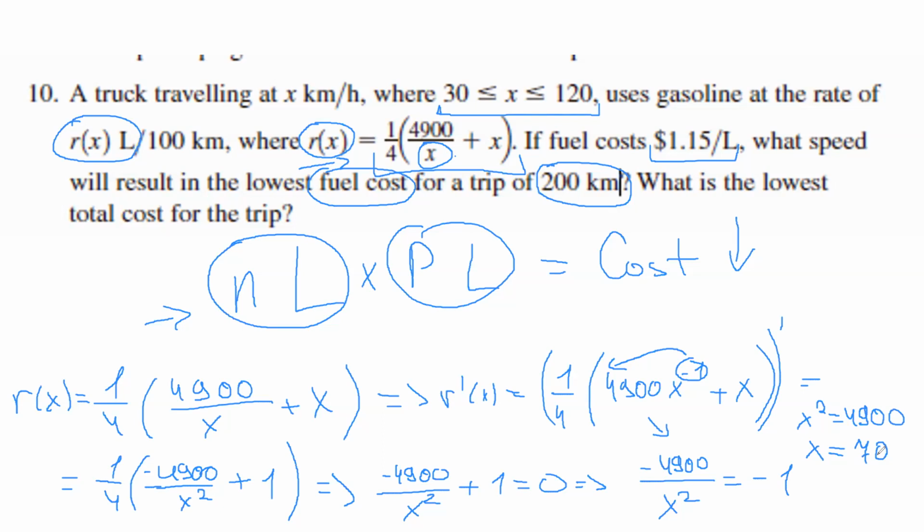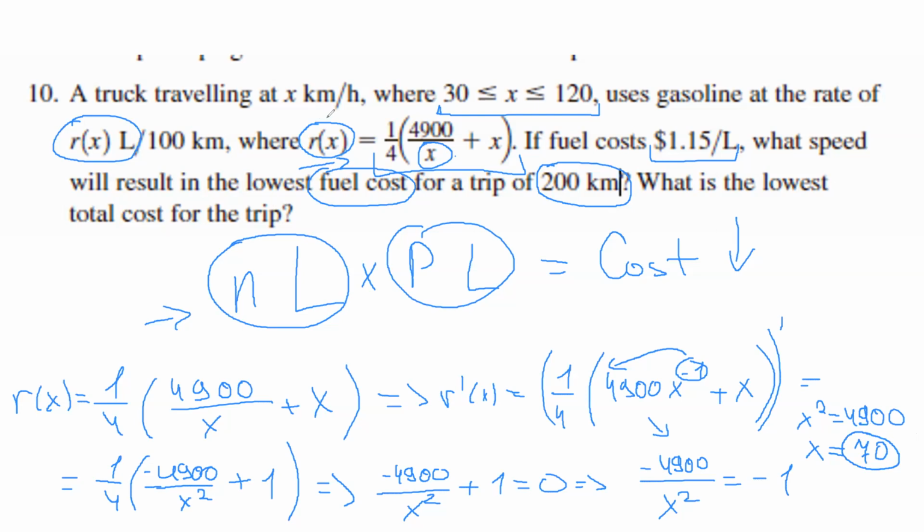That's why we didn't use it, because the question is what is the lowest cost, not what is the optimal speed. You see it? So now what you've got to do is substitute 70 into where? The original equation, R of x. And then solve it.